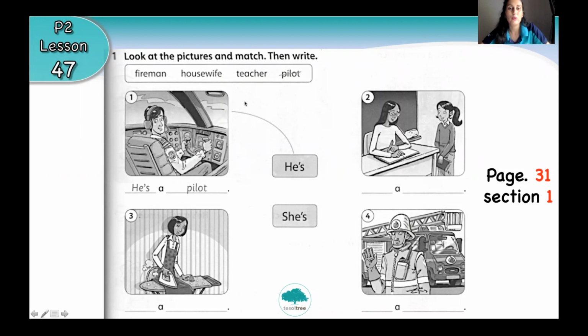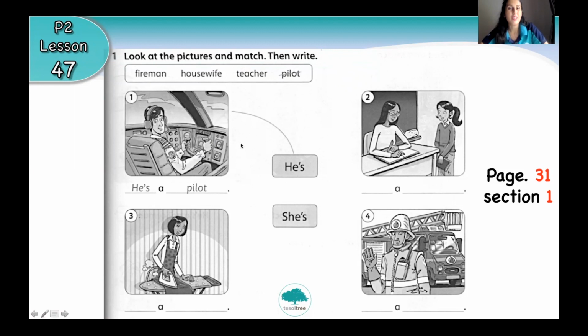So here we use he's because we can see a man on the picture. And now we have to think about his occupation. So you have a box with the words fireman, housewife, teacher, and pilot. If you look at the picture, number 1, you can see that this is a pilot.